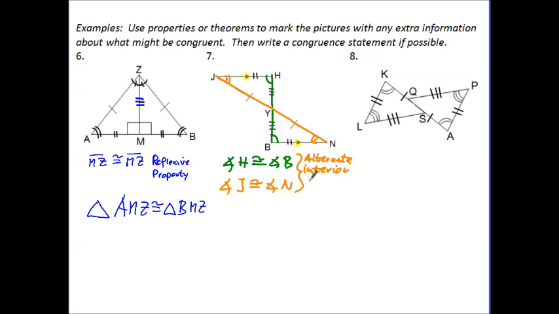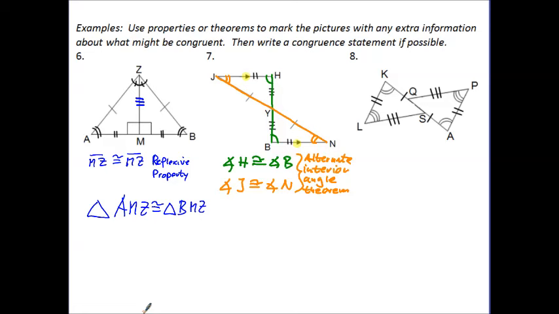Even though we use two different transversals. Funny how that works sometimes, isn't it? And now let's keep looking, and we need to figure out what happens to our remaining angle.